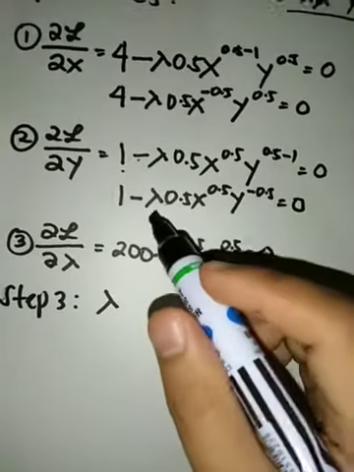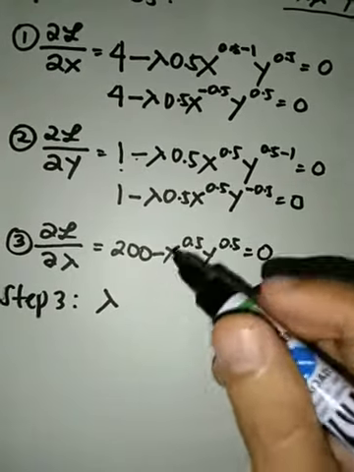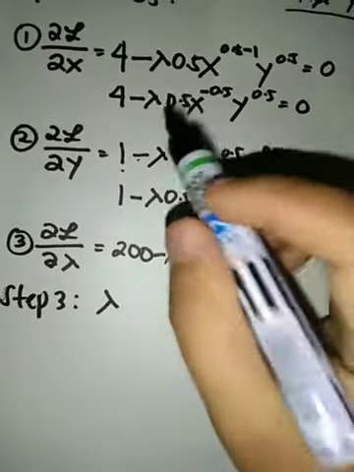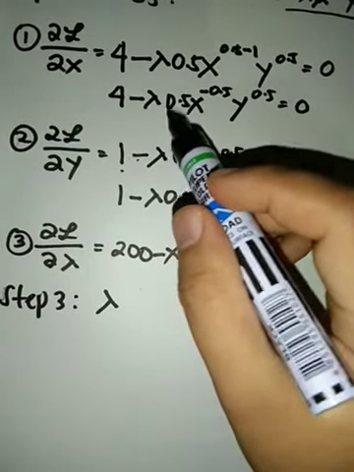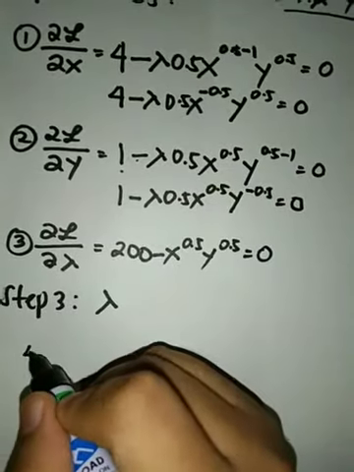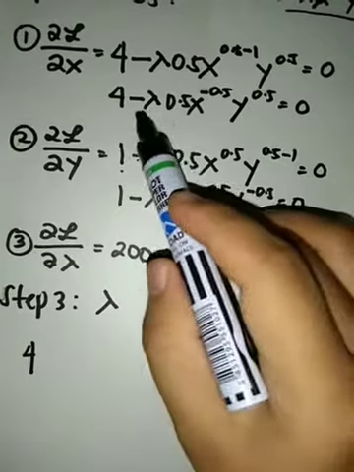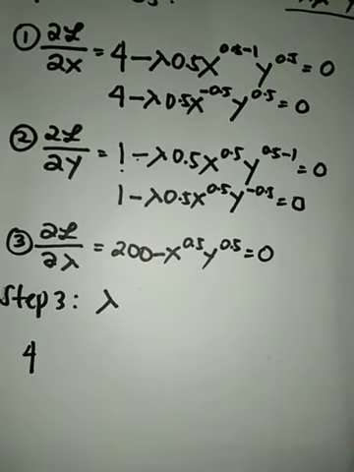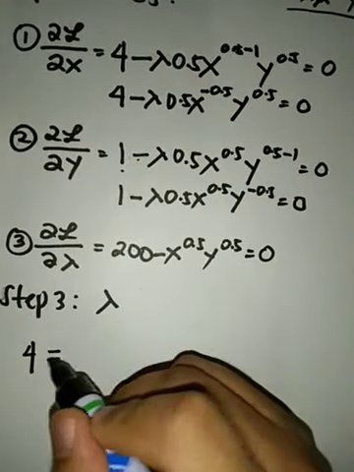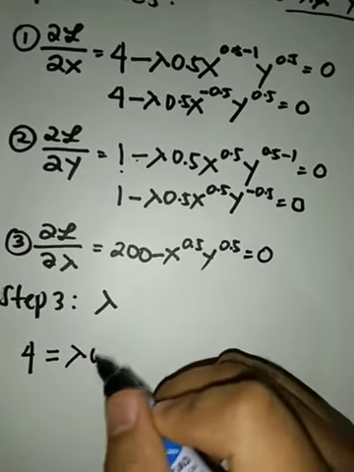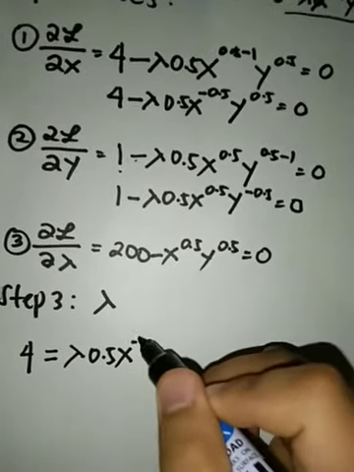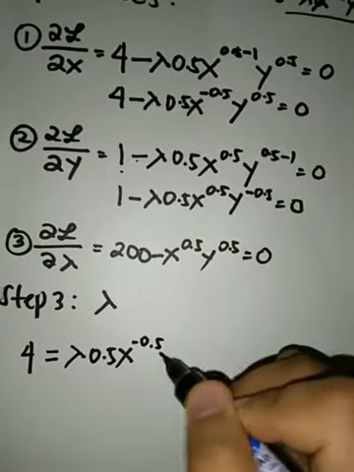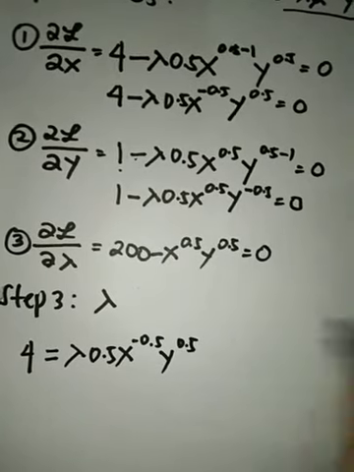We have two lambdas. Using the first order condition, we have 4. Then I will transpose this to the right side, so it equals lambda 0.5 x raised to negative 0.5 y raised to 0.5.